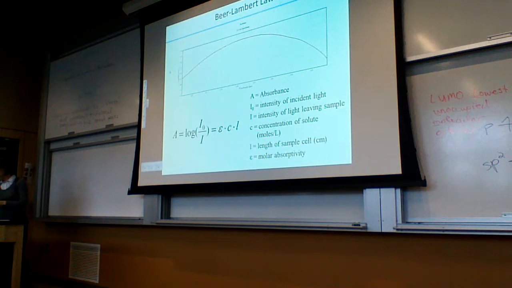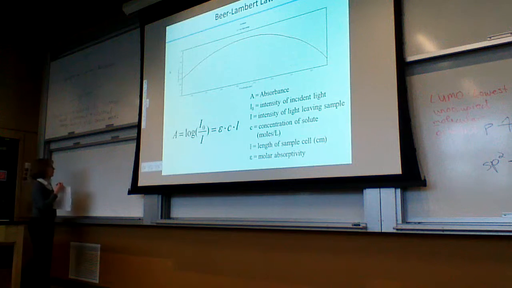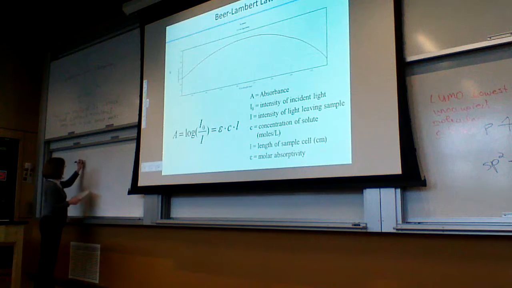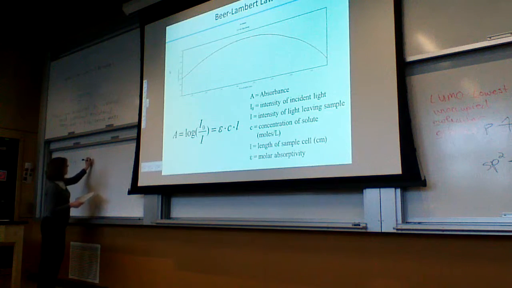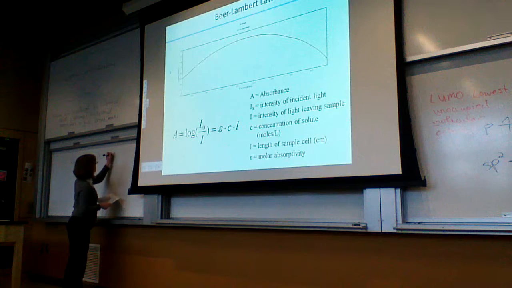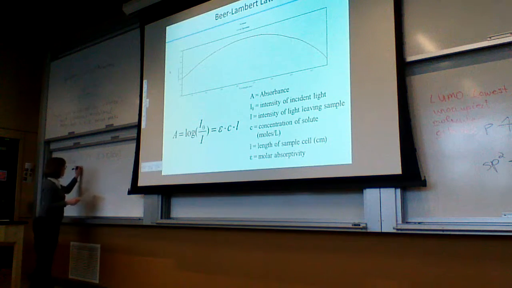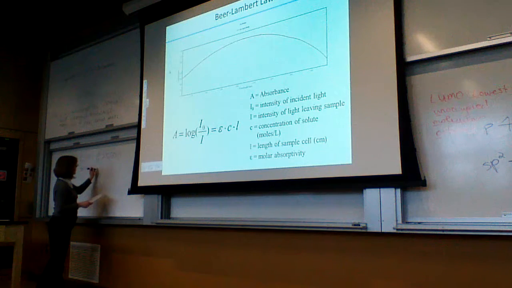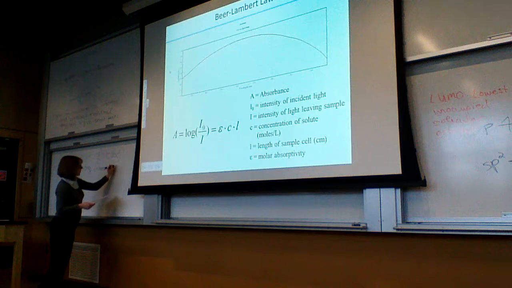And a couple things to note: if we have a log of epsilon that's greater than 4, which would be epsilon greater than 10,000, we would call that a strong peak or absorption, or intense absorption.